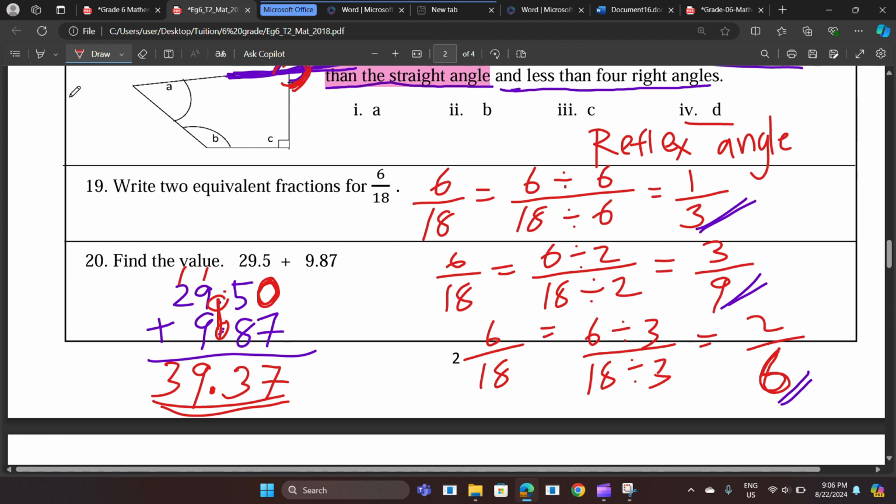39.37. We read it as 39.37. Numbers after the decimal point, we read them as separate numbers. Only 3, 7, not 37, just 3, 7. 39.37. So the first part of the paper is done.